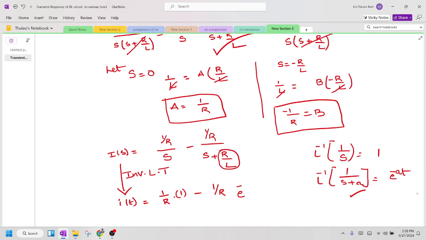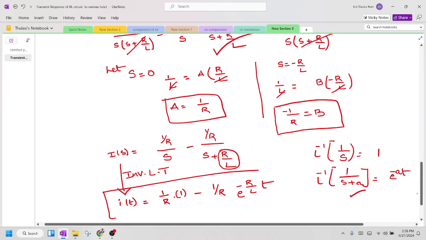What is the value of a? It is nothing but R by L. So the exponent is minus R by L into t.